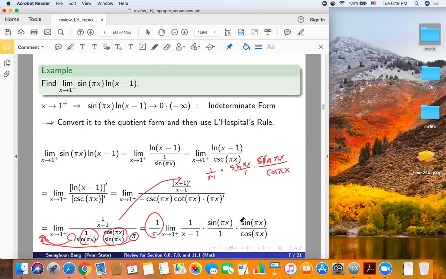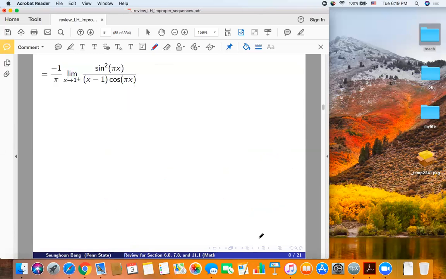Next, combine. So what's that? This is sine square of pi x over x minus 1 times cosine pi x. So we have this kind of form. The next, you have to split like this because you plug 1 into here. So what happens?